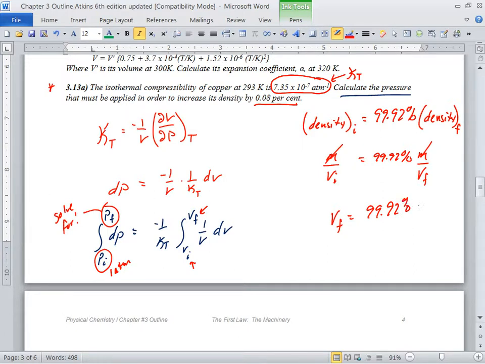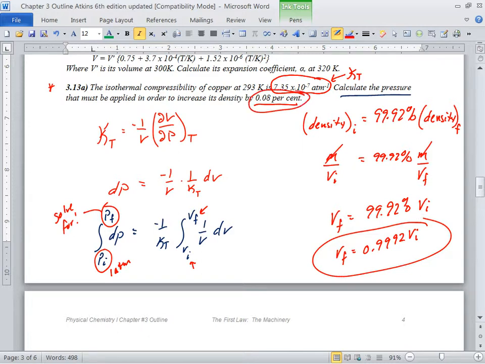99.92% VI. But percents don't, how do you get rid of a percent? You move the decimal place 2 times. Now, is there a way for you to jump from this density by 0.08% and just conceptually jump down there?